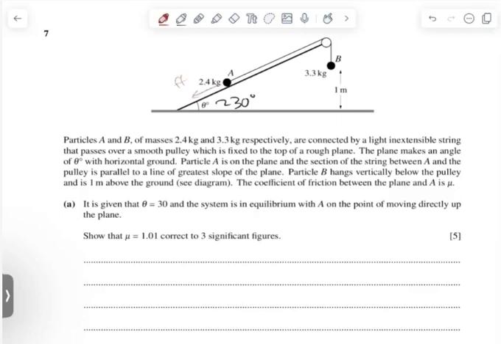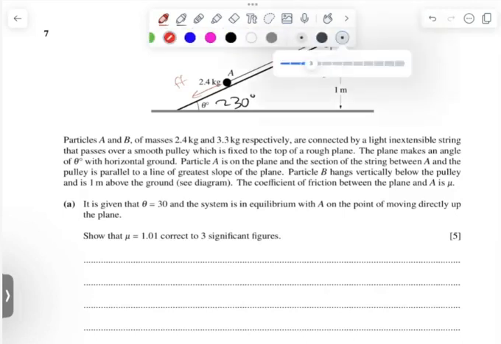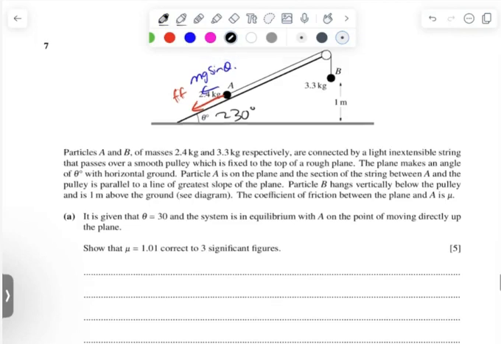Okay, and it also means that, well, it doesn't mean that, but our weight also acts down. Okay, so friction's going down, and we've got an mg sine theta acting down. Okay, show that it's in equilibrium on the point of moving up the slope. Show that mu is that much.